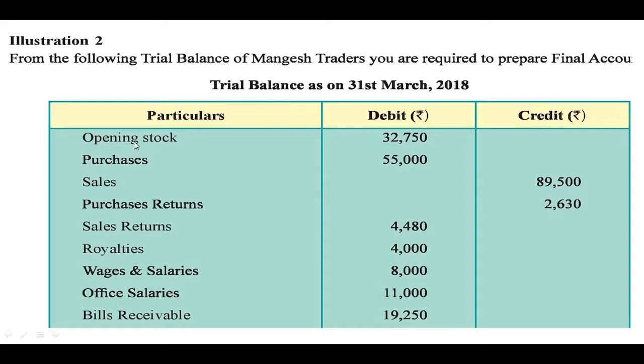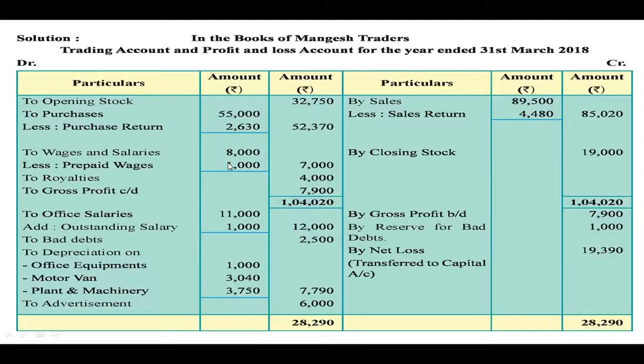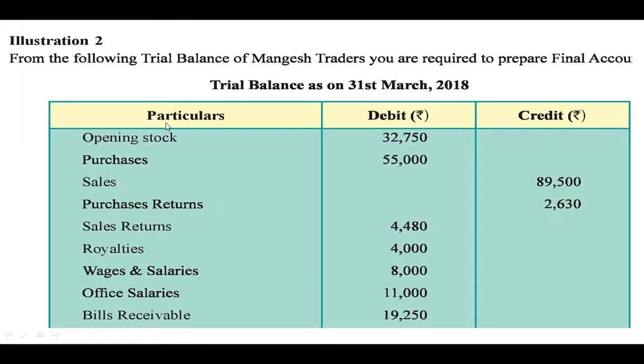Now here the very first item is the opening stock. By now you know that opening stock is the very first item on the debit side of the trading account. To opening stock, in the outer column directly you can write the amount. Then purchases are given 55,000.